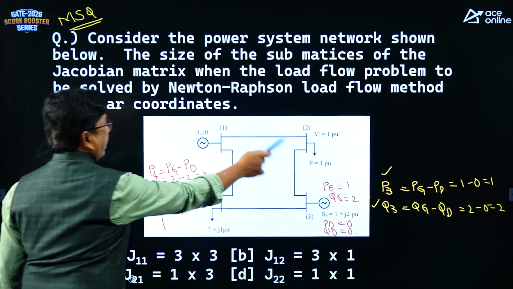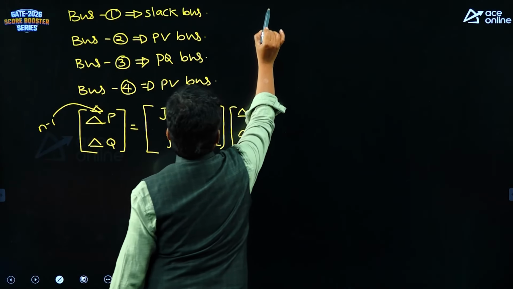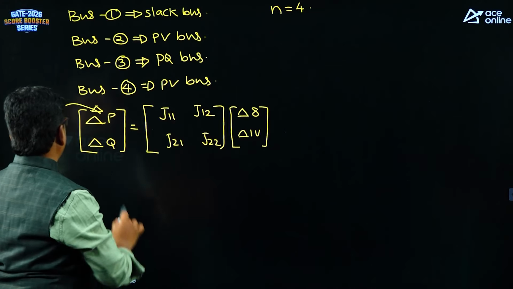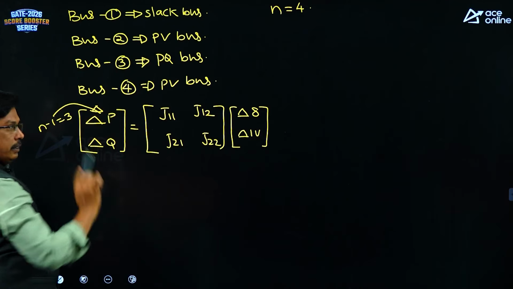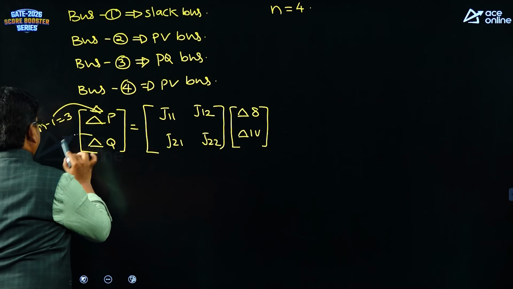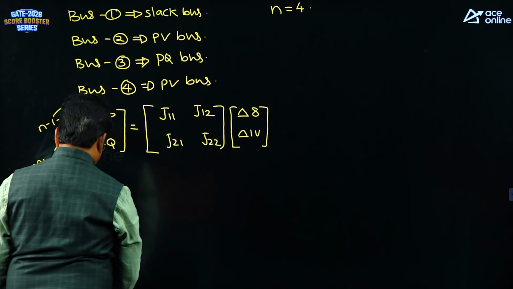How many buses are here? 4 buses, right? Number of buses is equivalent to 4. N minus 1 means it will be 3. How many Q's are known? It is the number of PQ buses.